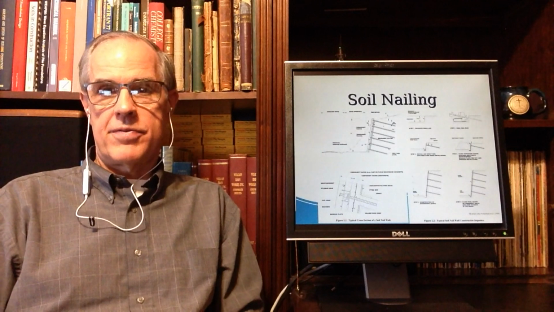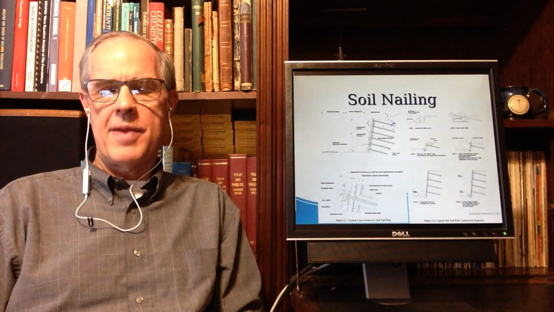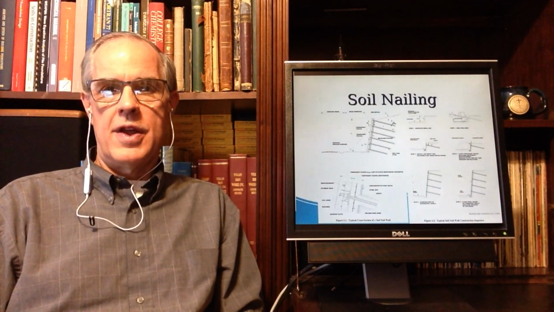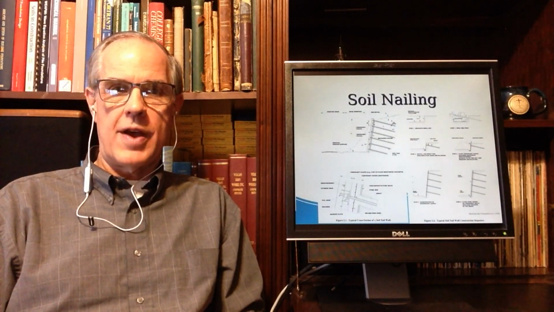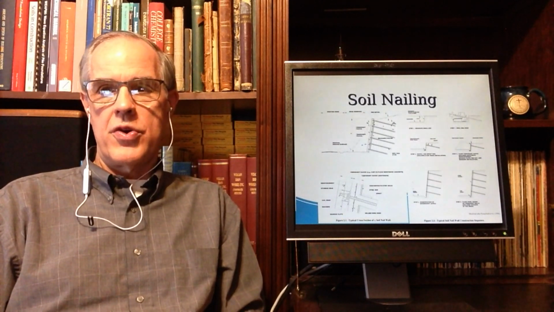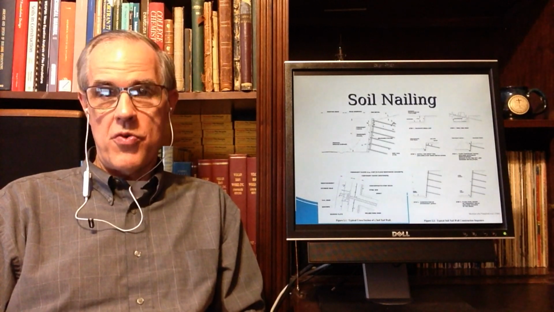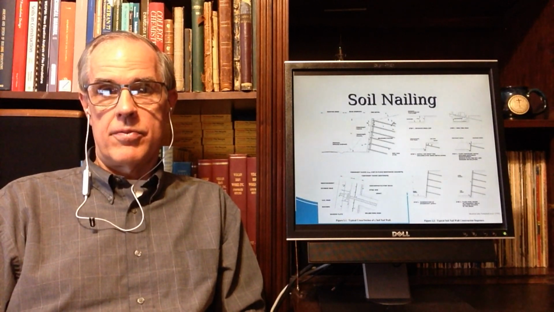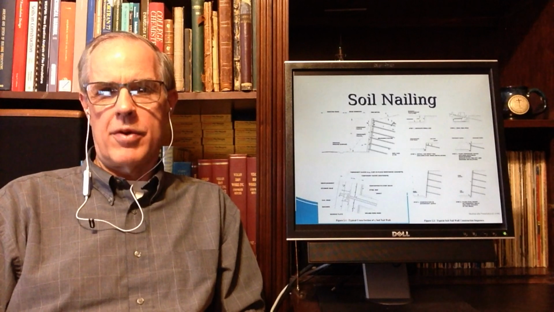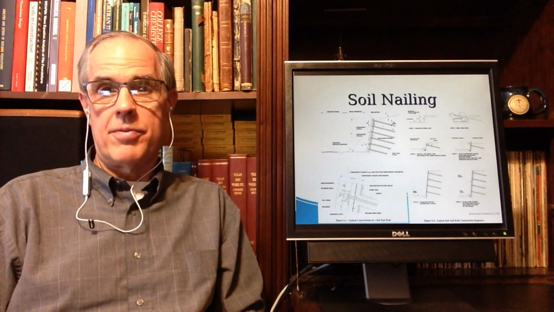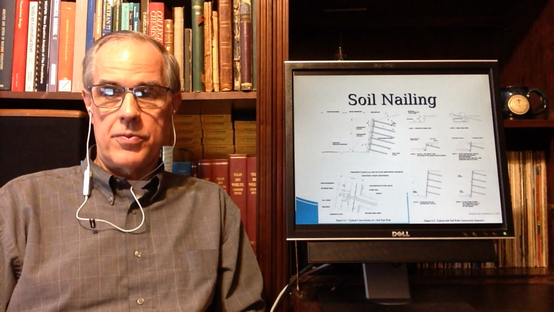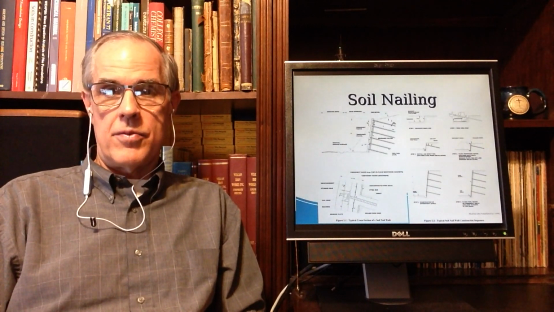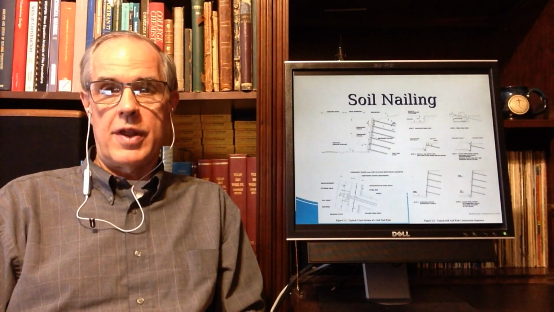It's the same concept as MSE walls, but the implementation is very different. It's much better when you've got more competent soils, or you're not able to remove the soils, in other words it's uneconomical to remove. You can remove anything, it doesn't matter how much money you want to spend, but if it's uneconomical to remove them, then you can use soil nailing as an option.